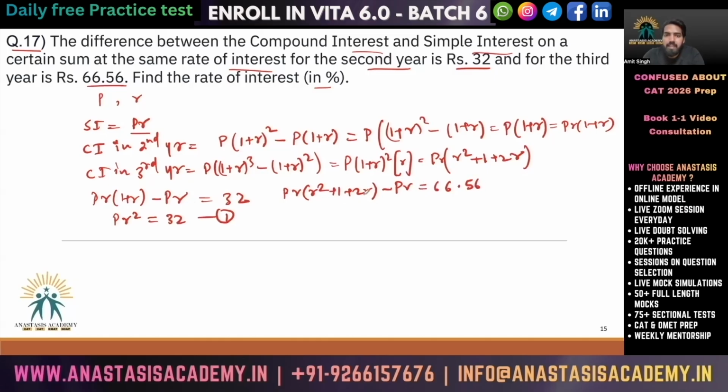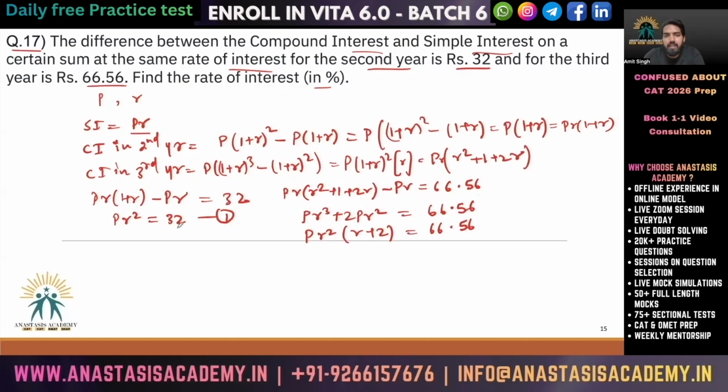Now, PR gets cancelled, and we are left with PR cube plus 2PR square, right? And that would be equal to 66.56. So I can take PR square common. I'm left with R plus 2, and that is equal to 66.56.